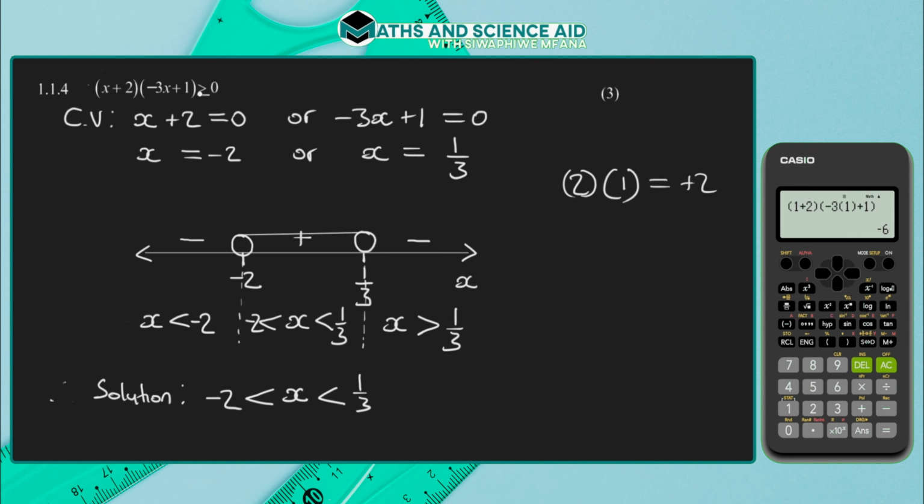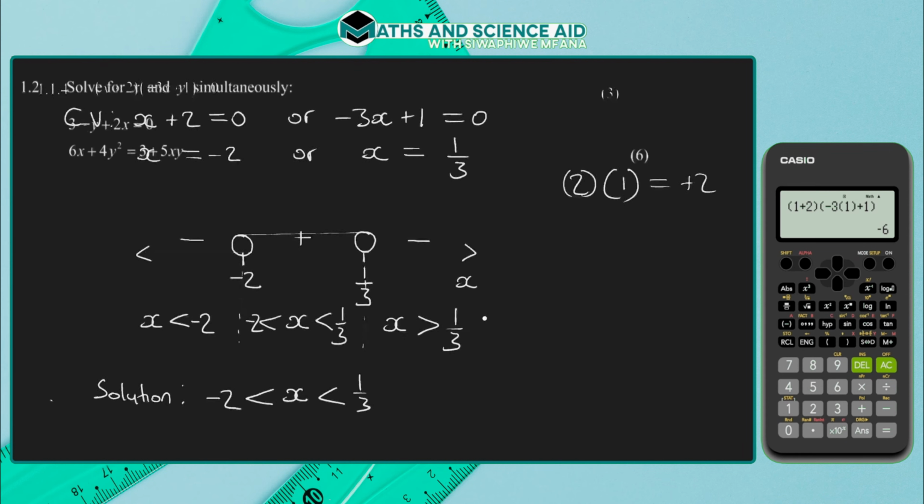If there is a greater or equal to, it means that in your number line you must shade these zeros to show that there is the or equal to sign, which means that the critical values are part of the solution. But of course, in this case, our solution will be exactly like this, because we do not have the or equal to.